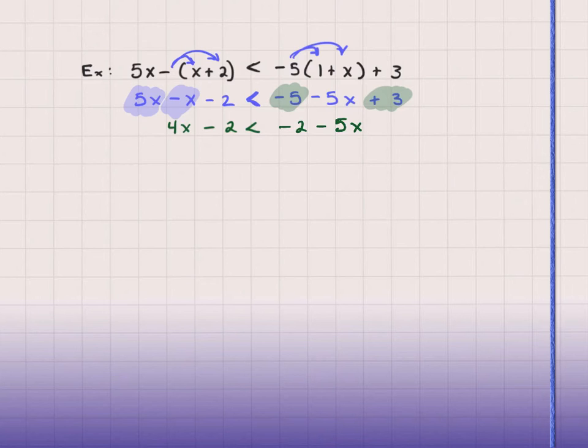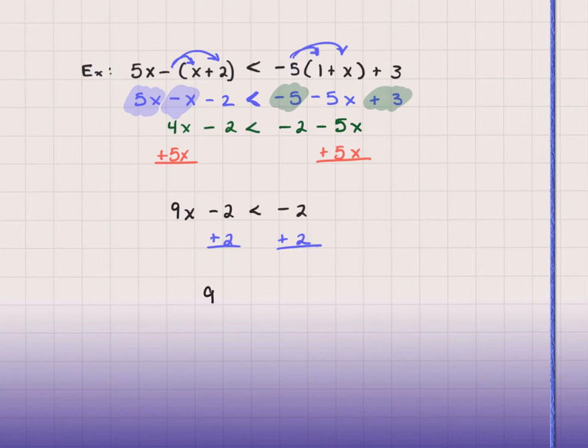Now let's get all our x's on one side. I'm going to move my x's to the left. So I'm going to undo this negative 5x by adding 5x. And I'll do that to the other side as well. So now I'm at 9x. My minus 2 is less than negative 2. I'm going to get rid of the 2 on the left-hand side by undoing that subtraction.